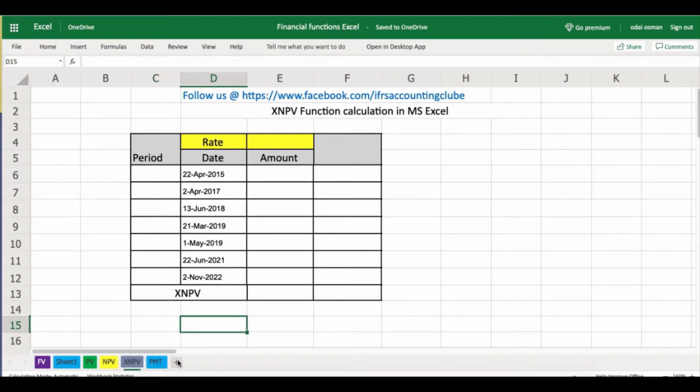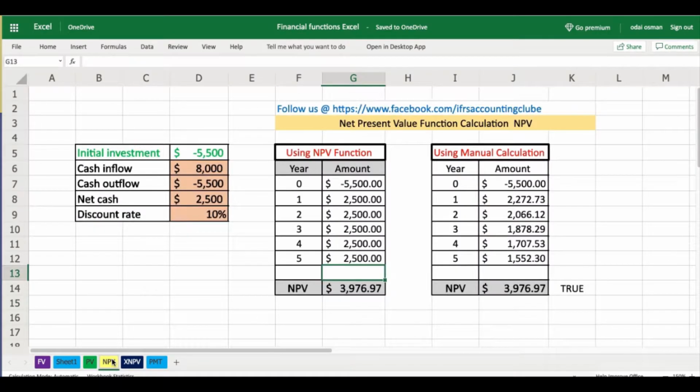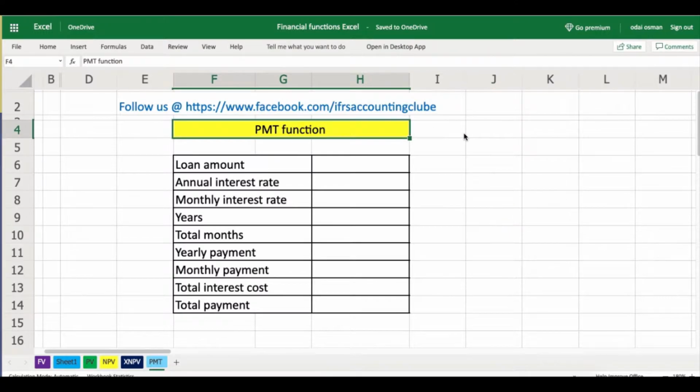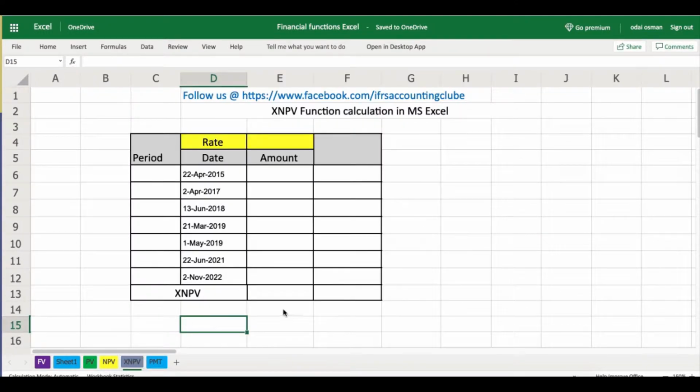So we have calculated earlier the NPV function, which assumes cash flow on a regular basis. Let us see how the XNPV function is calculated.